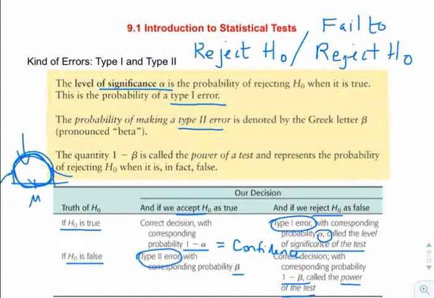So there are two types of errors, type 1 and type 2. There are these two different Greek letters, alpha, the level of significance, and beta. Beta doesn't have its own name. 1 minus beta has a special name, which is called the power of a test. 1 minus alpha also has a special name.